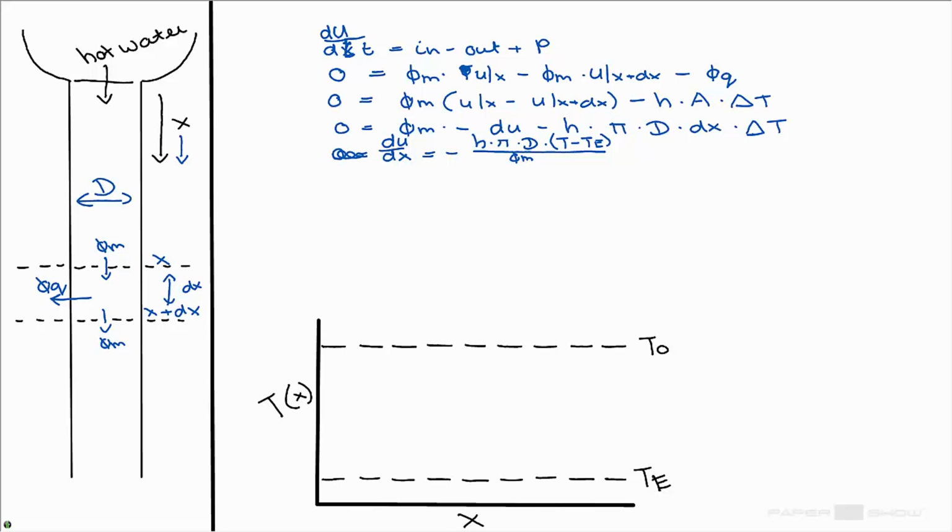We get this equation in which the difference in internal energy is also the difference in Cp times T, in which Cp is assumed constant in temperature. So we can say this, and we can rewrite it.